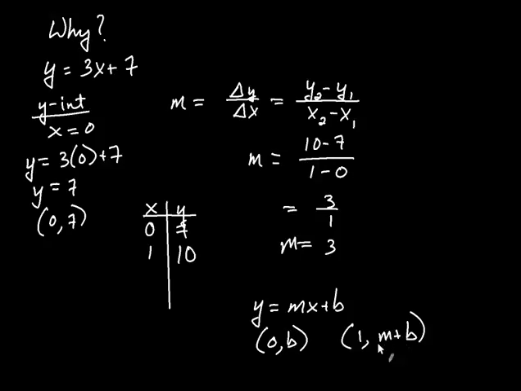And then if you calculate the slope using these 2 points, you take this and subtract that, so you get m plus b, take away b, divided by 1 minus 0, and what do you get? Well, b minus b is 0, so you just get m over 1, and that's, of course, the slope.